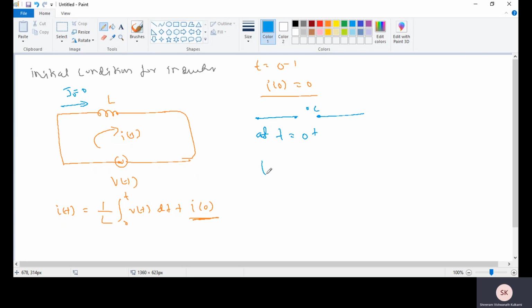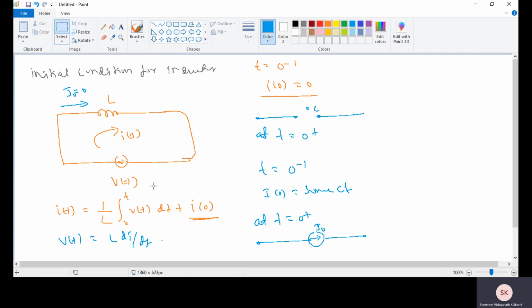And the same at t equal to 0 minus, if it has I0 equal to some amount of current, then at t equal to 0 plus the inductor will behave as a current source with the value I0. Fine. And here V of t equals L di by dt.